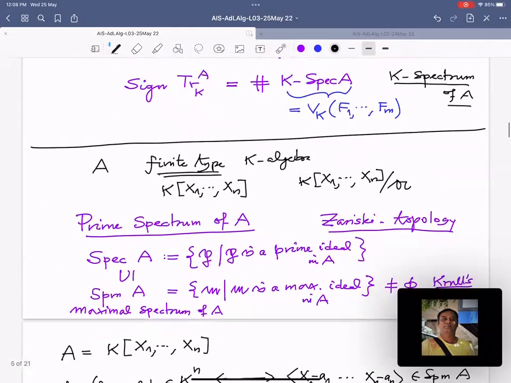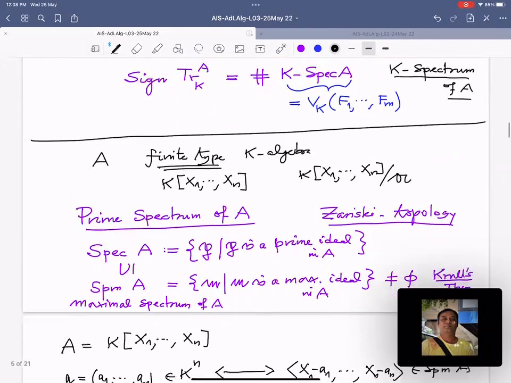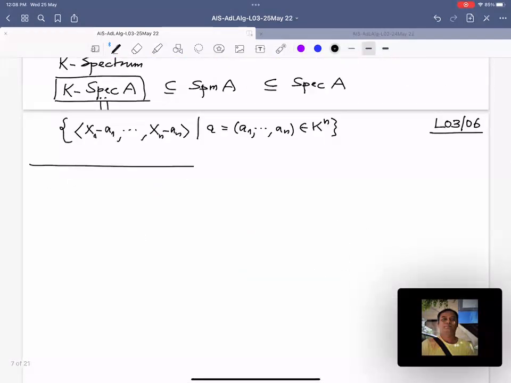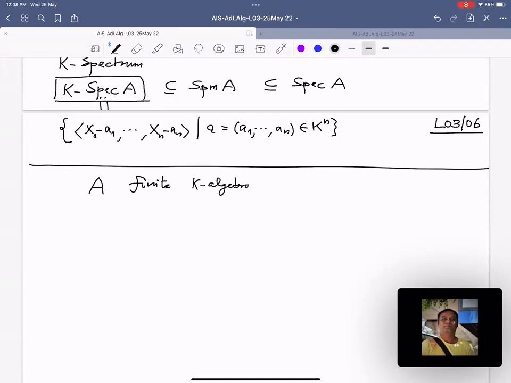So this connection will give a way of counting how many points the K spectrum has. I'm not talking about the polynomial ring now. This was just a digression for the polynomial ring. Now, if you look at a finite K algebra, so that means A is our typical what we wanted to consider, A = R[x1,...,xn] modulo the ideal generated by f1 to fn.